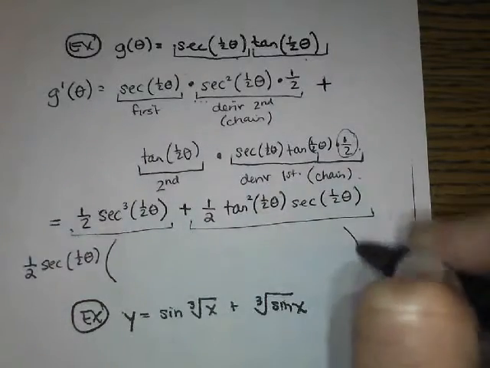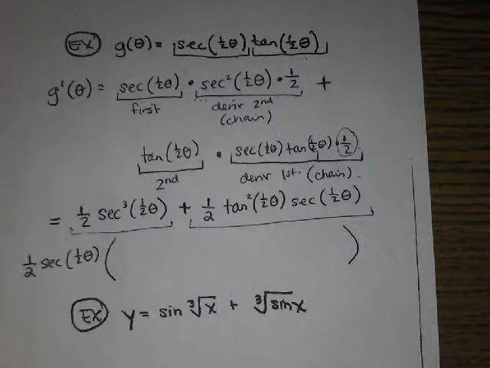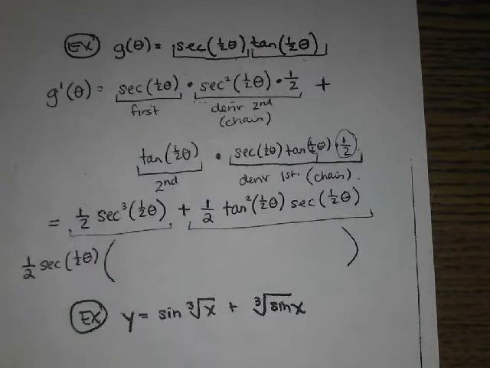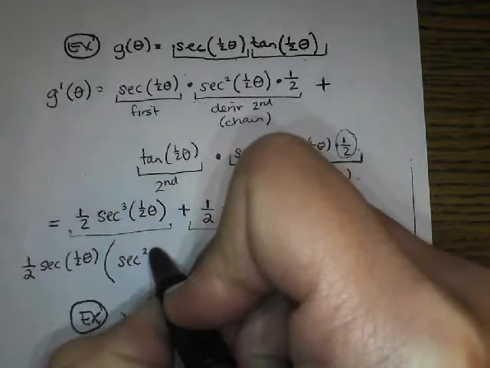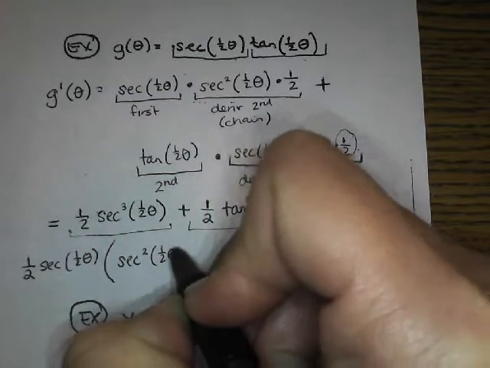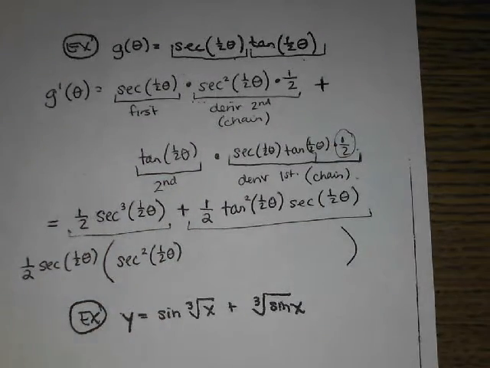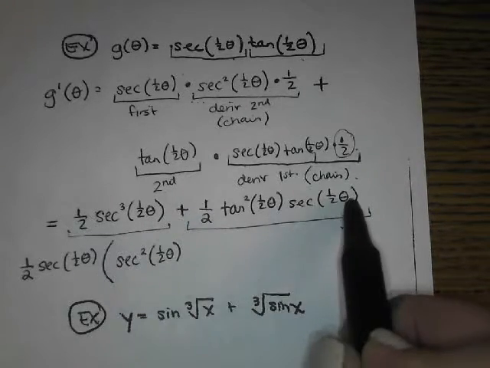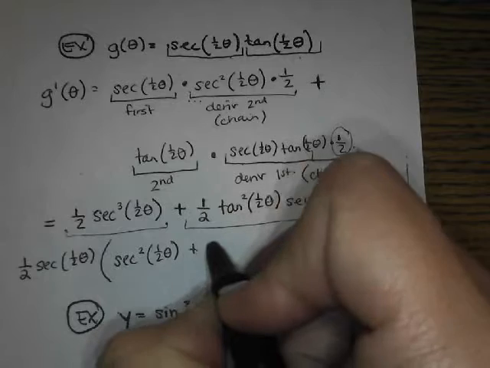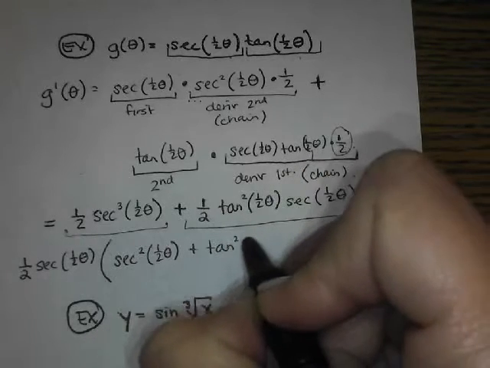So if I take that out, the first term is left with secant squared of a half theta. And the second term is left with plus tangent squared of a half theta.